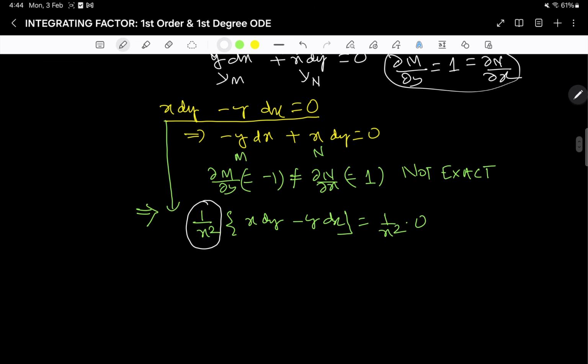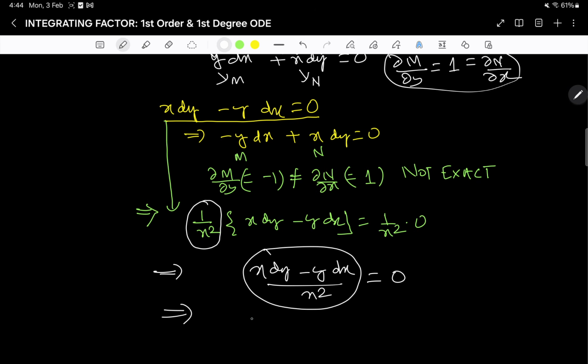We see whether it is an integrating factor or not, because we write (x dy minus y dx) divided by x square is equal to 0. Now this left member is a complete differential. It is d of (y by x) is equal to 0, is it not? So now this becomes exact. Now this is converted to an exact equation.